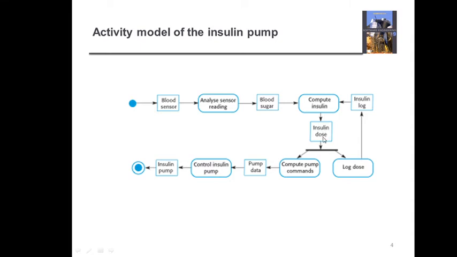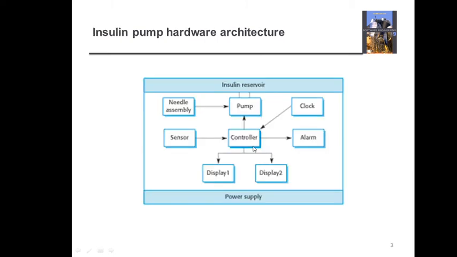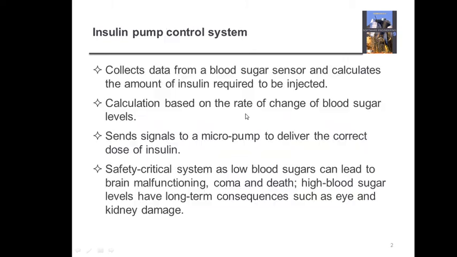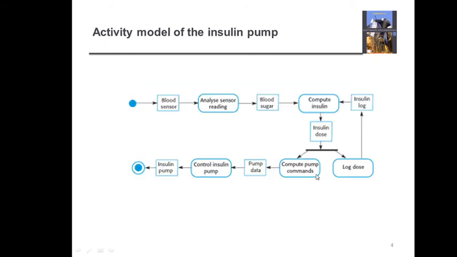Now, once this is calculated, we have to compute the pump commands, right? Again, see, as soon as we have identified how much insulin needs to be given, we have to give the instructions to this pump, right? So this is what is being said. We have to compute these pump commands. So pump data is generated.